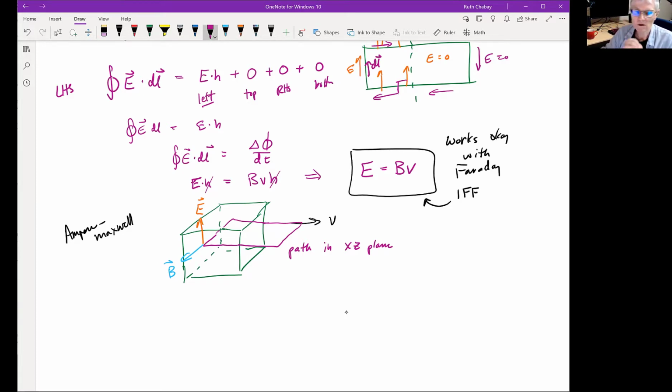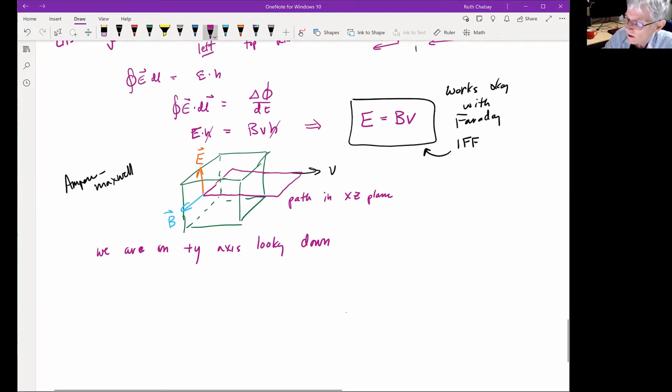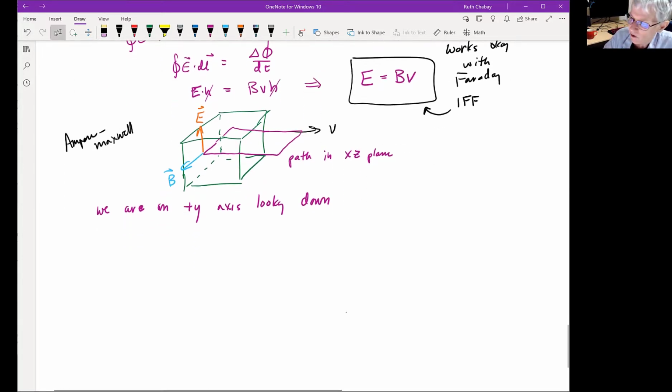It's just going to be a whole lot easier to talk about this if we change our viewpoint so that we are looking down from the plus Y axis. So we can redraw this now as what it's going to look like here.